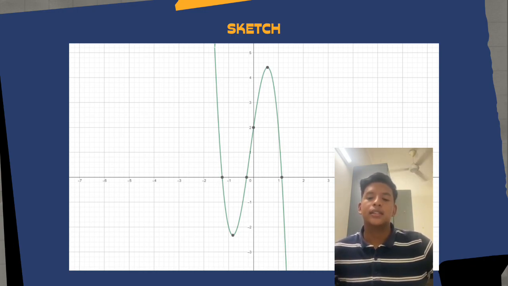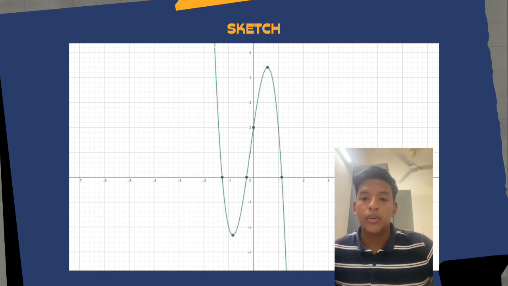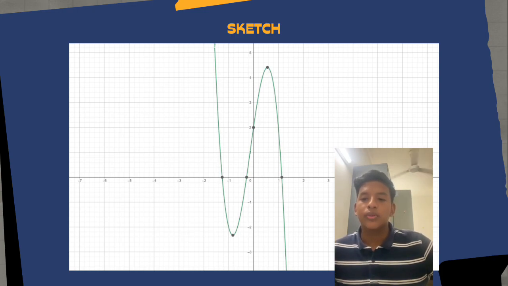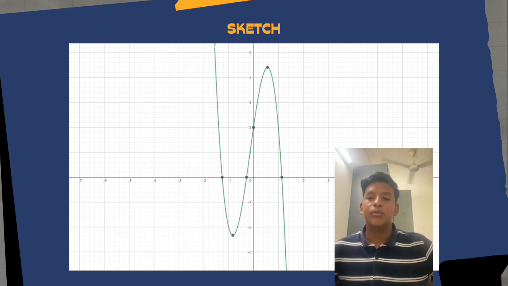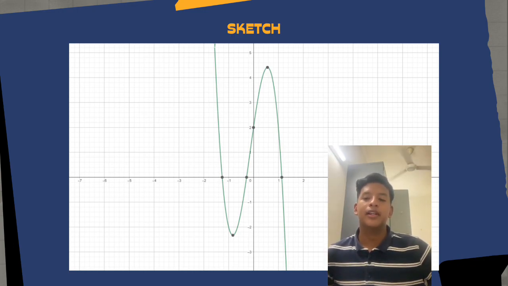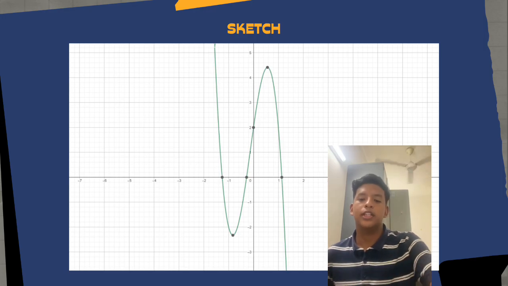And the y-axis, x = 0: y = -5(0)³ - 2(0)² + 7(0) + 2, which equals 2, and the final answer is (0, 2).